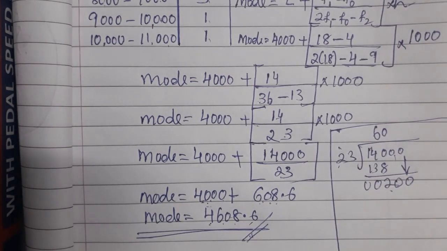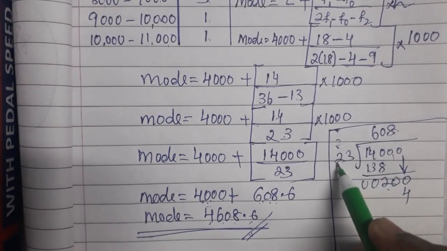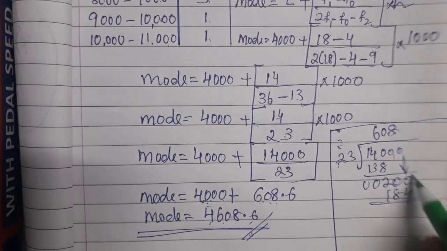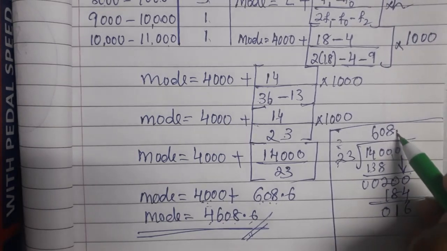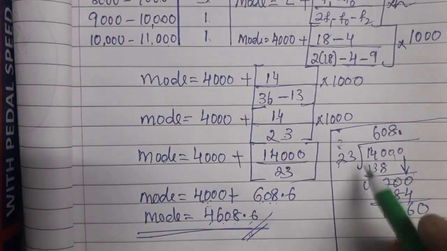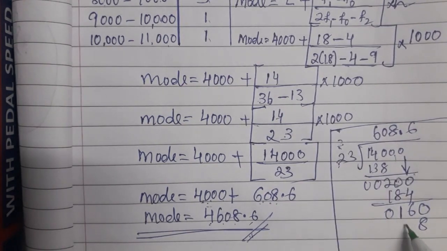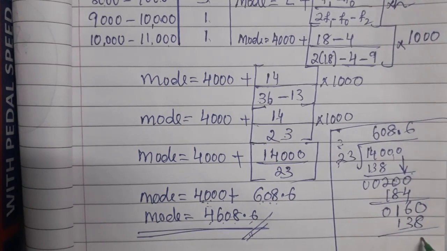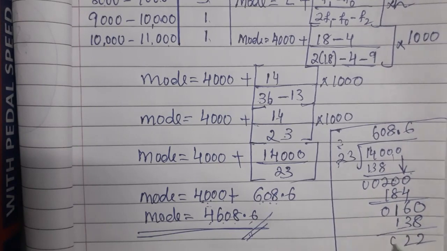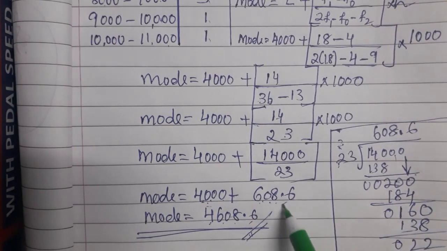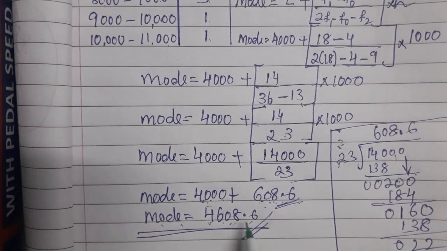It becomes 200. 8 3s are 24, 2 carry, 8 2s are 16, 18, so 184. 200 minus 184 is 16. You can keep a decimal point and add a 0. 160: 6 3s are 18, 1 carry, 6 2s are 12, plus 1, 13. So 160 minus 138 is 22, and it will continue. One decimal place is enough. So like that I will get 608.6. So mode is equal to 4608.6.